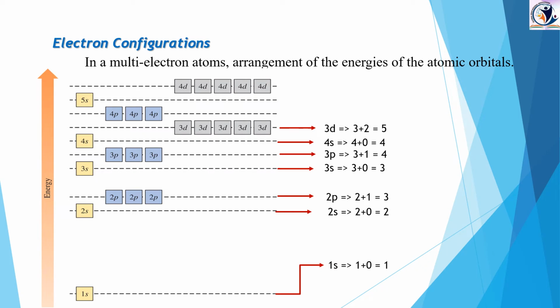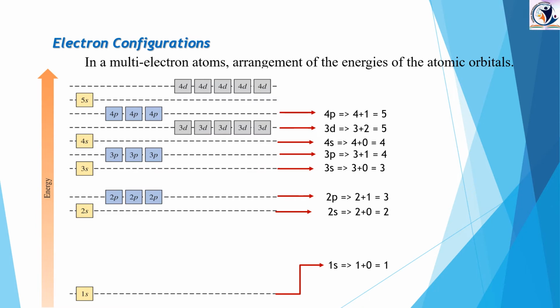Then, for the atomic orbital size, the 4s orbital, with the sum of 4, has less energy than 3d, right? That's why 4s has come in between 3p and 3d. I hope you understood. Don't get confused, children. We are just arranging the energies of the atomic orbitals to keep the electrons in order according to their energy levels.